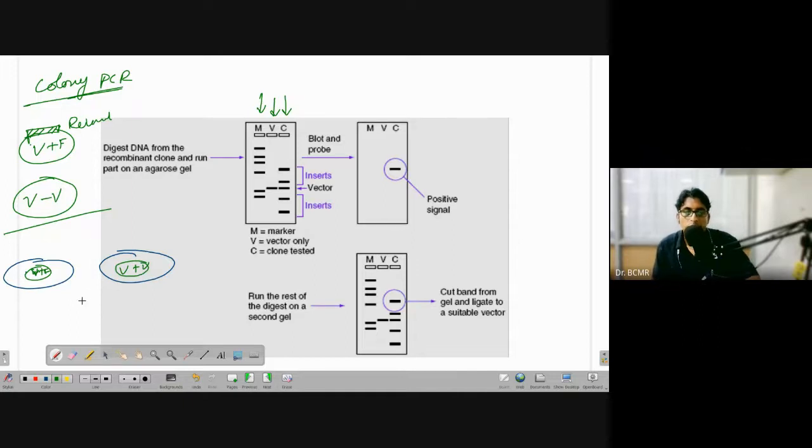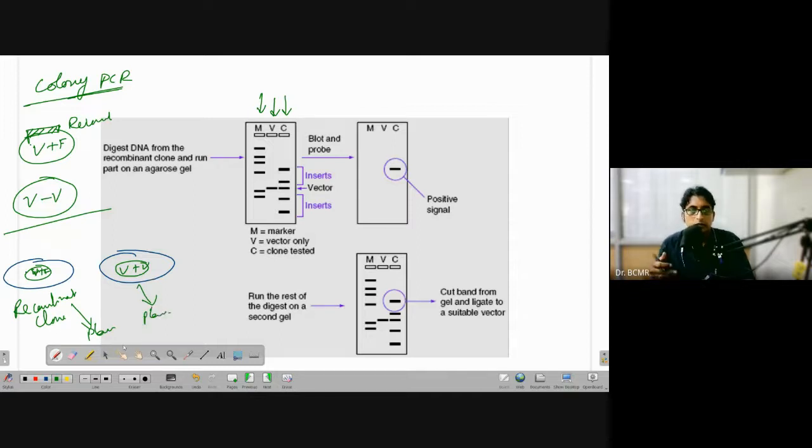How do I know which one is recombinant and which one is not? Assume there are no other ways of trying to know. I should be somehow able to figure out the recombinant clone. So in that case, what we can do is isolate the plasmids from both of them.